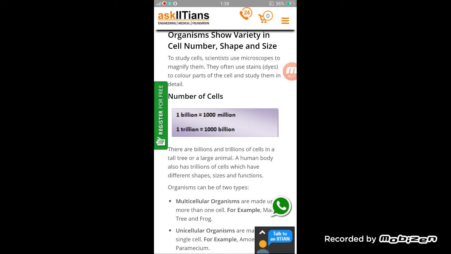To study cells, scientists use microscopes to magnify them as they are very small. They often use stains and dyes. Staining gives color to the parts of the cell.